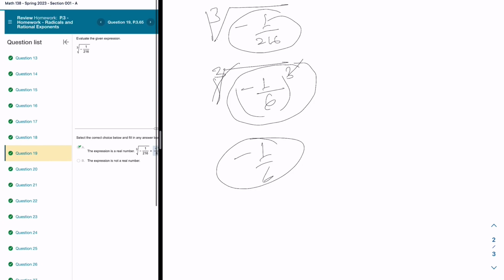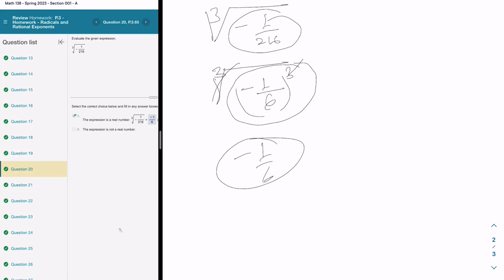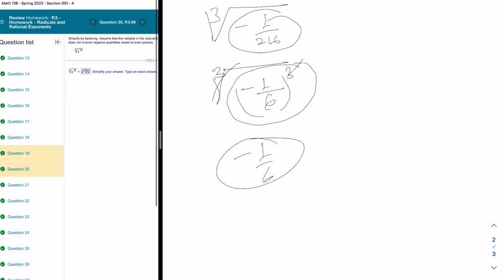Okay. Our next question is 20, and it's the same. Like in the square, we used to try to arrange it like this, because this was a square root.